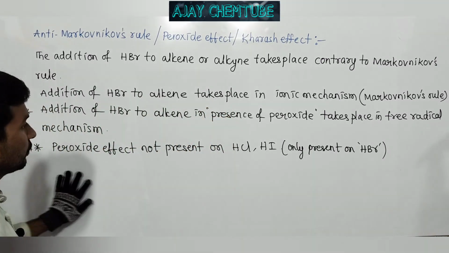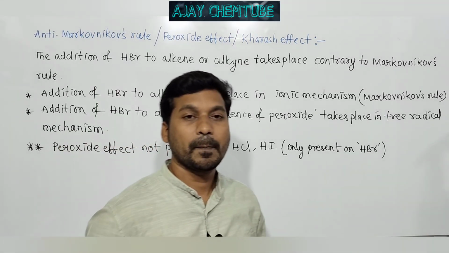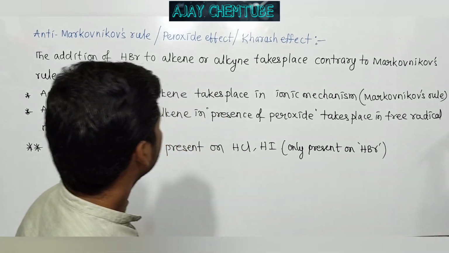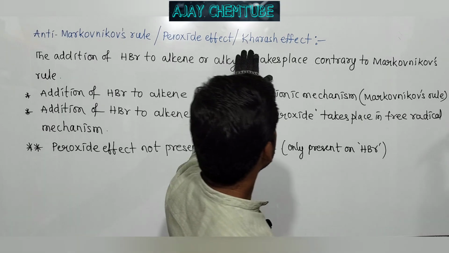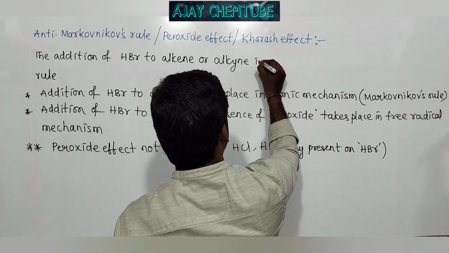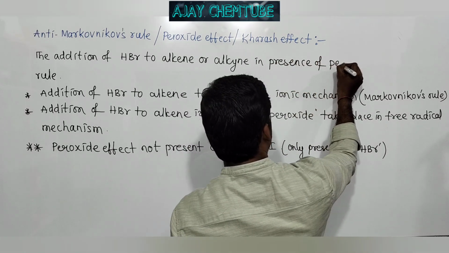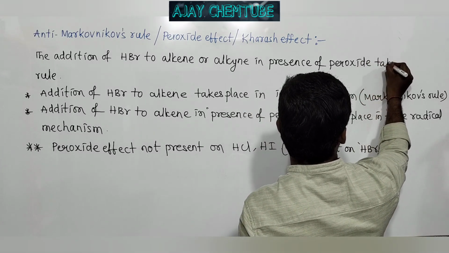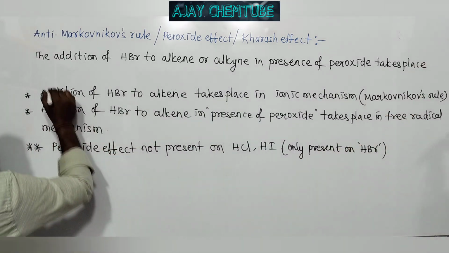So first, what is anti-Markovnikov rule? The addition reaction of hydrogen bromide to alkene or alkyne in presence of peroxide takes place contrary to Markovnikov's rule.